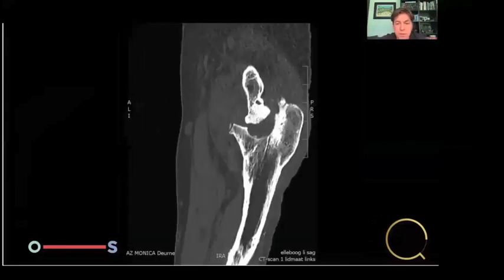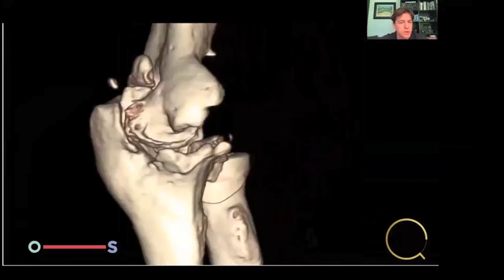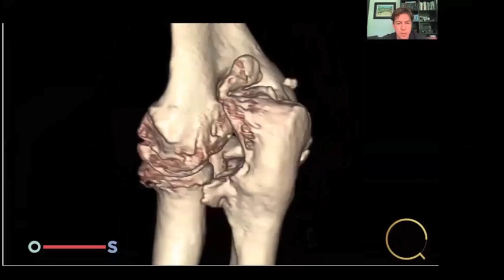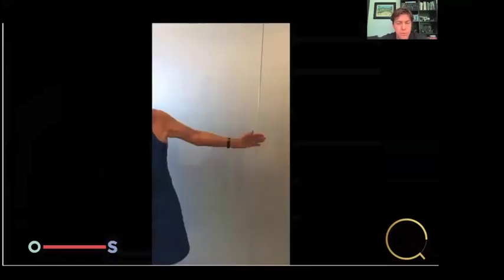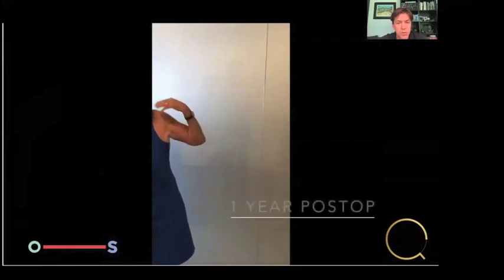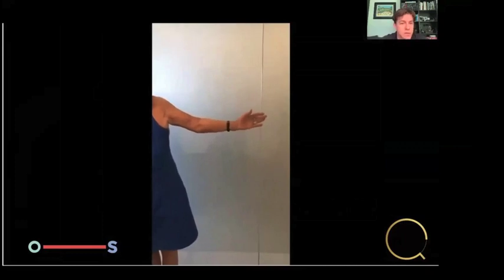This is a case of stiffness before an elbow prosthesis. As you can see, severe degeneration of the joint. The joint is nearly gone in a rheumatoid patient. This is the post-op X-ray, and this is her 1 year post-op. So although I don't think total elbow replacement is a treatment for elbow stiffness as such, it can help for elbow stiffness.